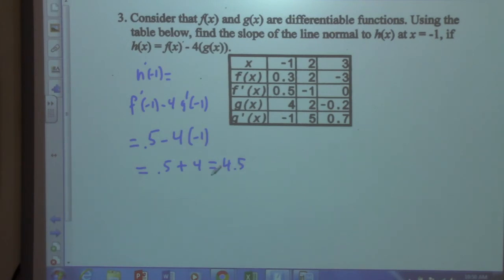I did 9 halves because it was easier to take the opposite reciprocal. Very good, he's thinking ahead. And so that's gonna be m sub t, and so what's gonna be m sub n? Negative 2/9. We could actually write an equation for a line if we wanted to, but we don't want to do that.